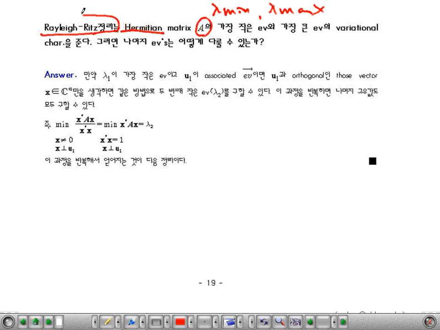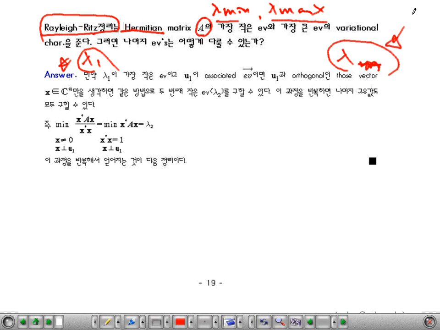But what about the others? We now know lambda n and lambda 1. We now know how we can deal with the smallest and largest eigenvalues and the meaning of them. What's next? What's in between? Can you get any information out of this? What's the role of it? You can think about it.